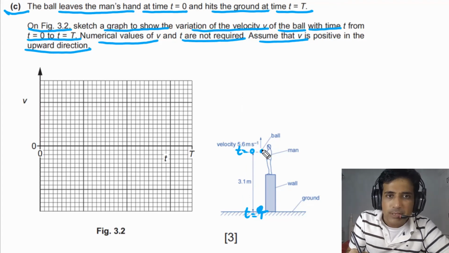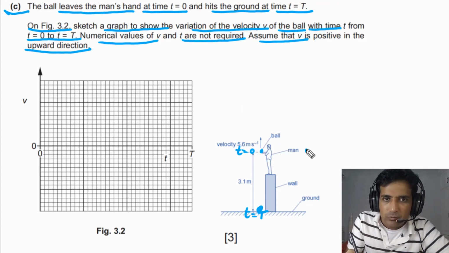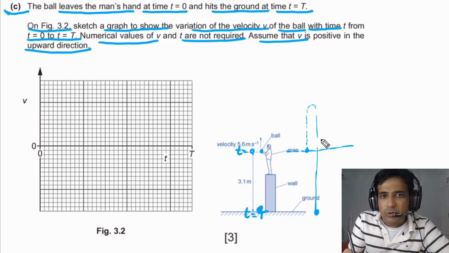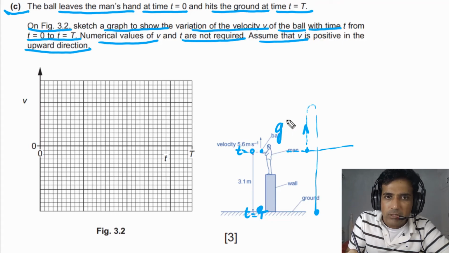Now we need to understand when this ball will go up. So I will redraw here. So you need to understand what is happening. The ball will go up like this and then the ball will come down. So this is how the ball will move. Now if you look at the motion of this ball, when the ball is moving up, acceleration due to gravity, that is g, is pointing downwards. So the ball will slow down in this region.